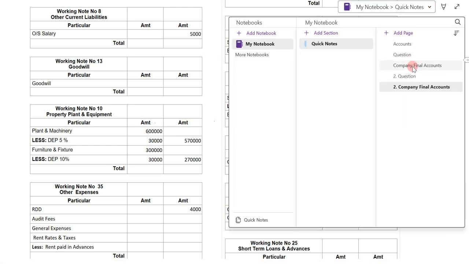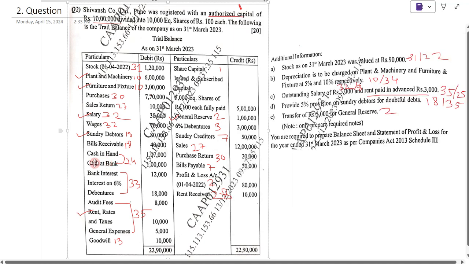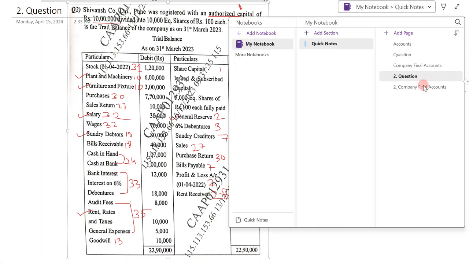After bills receivables we have cash in hand and cash at bank. Both the entries will come in note number 24, that is cash and cash equivalent. Cash in hand 1,07,000 and cash at bank 1 lakh rupees.